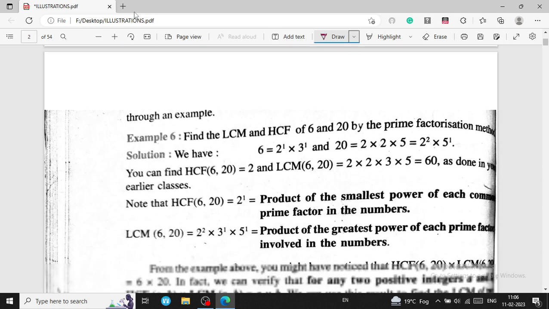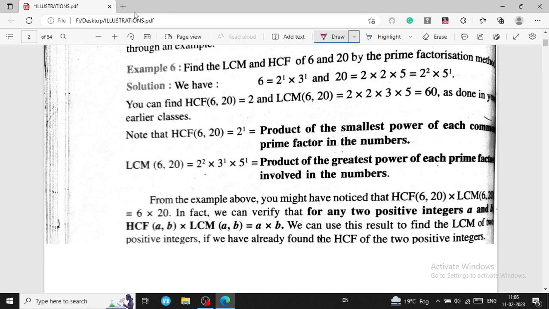Now the next example is given: find the LCM and HCF of 6 and 20 by the prime factorization method. We have given 6: 2 3s are 6, 3 1s are 3. 20's factors: 2 10s are 20, 2 5s are 10, 5 1s are 5.